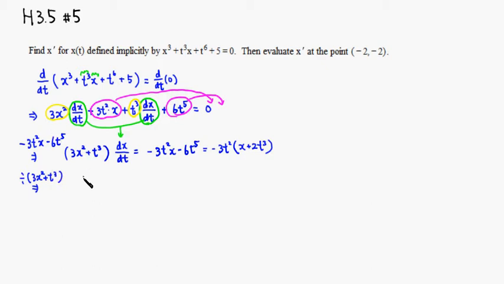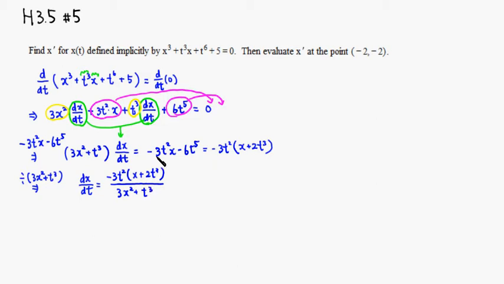So dx over dt is equal to negative 3t squared times (x plus 2t cubed), all over 3x squared plus t cubed.